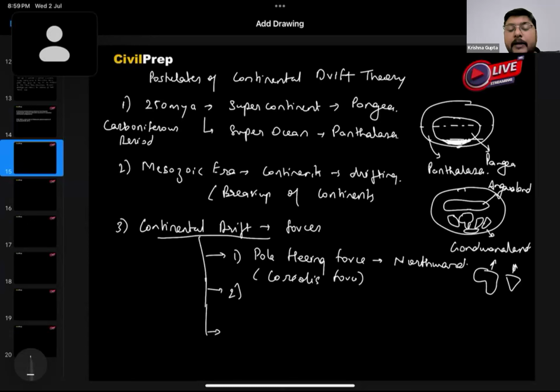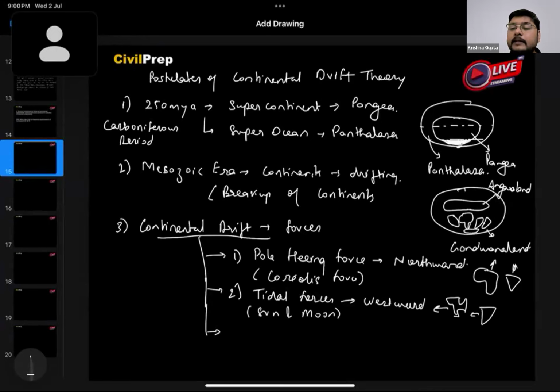While in the second part, he provided the tidal forces, because of the gravitational forces of the sun and moon. Here the continents move westward. North America and South America both moved westward. So this is because of tidal forces.